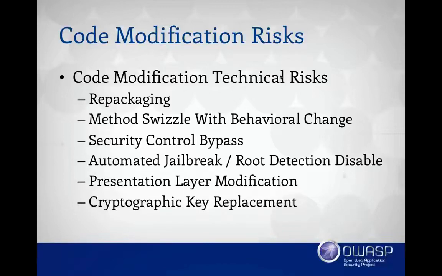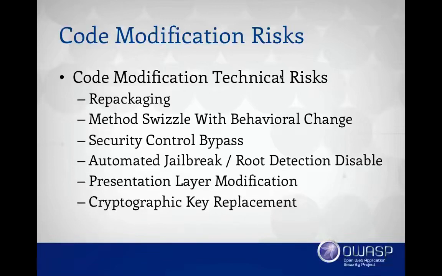We can also do security control bypassing, where somebody is able to modify the code itself, either directly via binary modification or through things like method swizzling, in order to bypass particular parts of the code and get right in. Immediately I think about offline authentication when I think about this. The next one is automated jailbreak and root detection disabling.